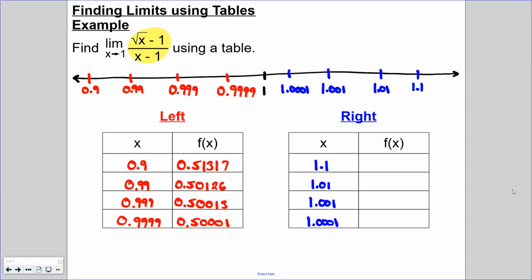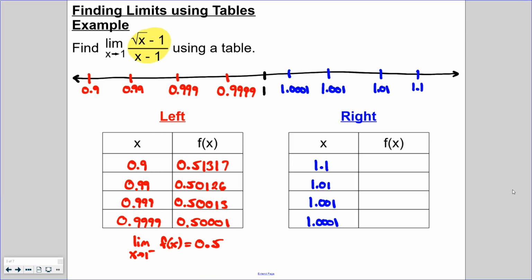All right, so from this table, as our x values get closer and closer to 1, it appears as though our heights get closer and closer to 0.5. So therefore, we can say the limit as x approaches 1 from the left, because that's what this table represents, of f of x is going to be 0.5.